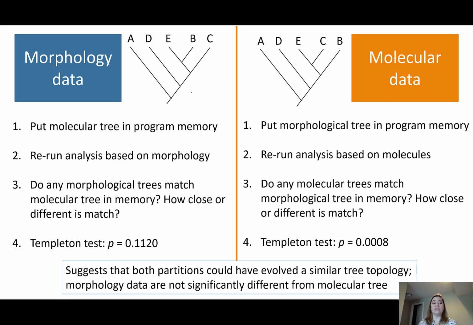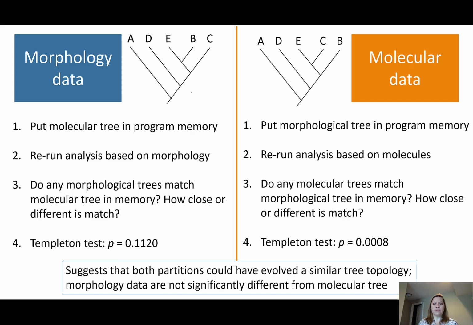Since the p-value is not significant, you cannot reject the null hypothesis, which means that the morphological data are not significantly different from the molecular tree, which means that you could still get the molecular tree using the morphological data.